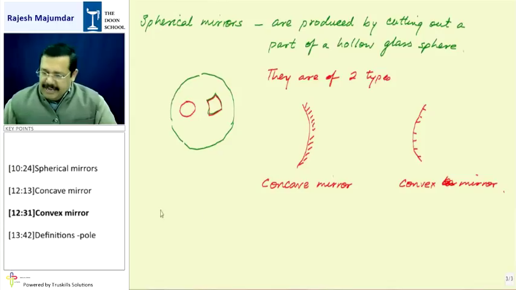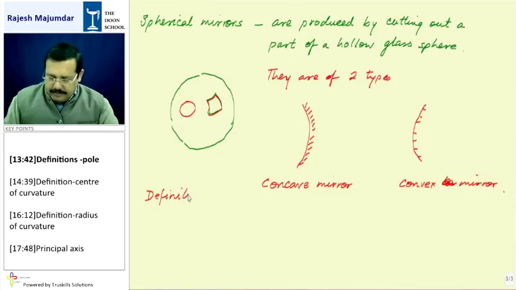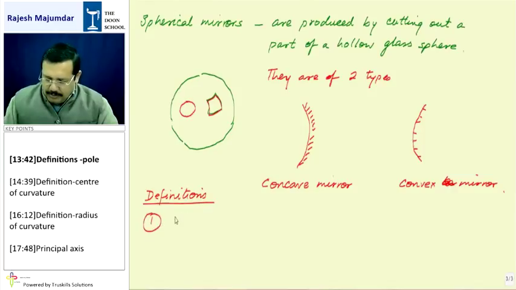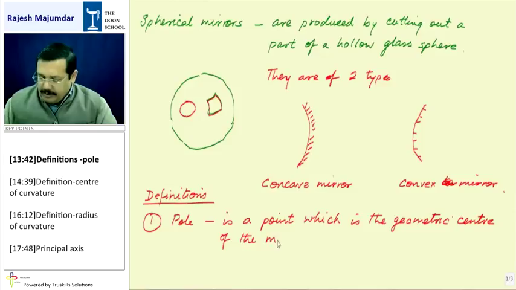So the first thing is the definitions. And the first definition is the pole. Pole is a point which is the geometric center of the mirror.